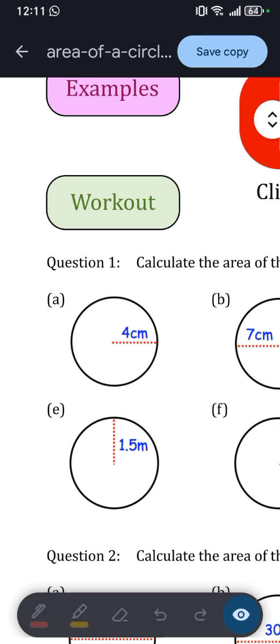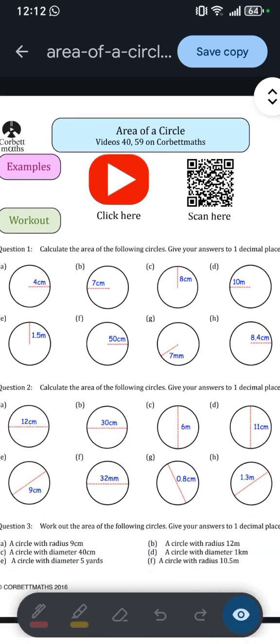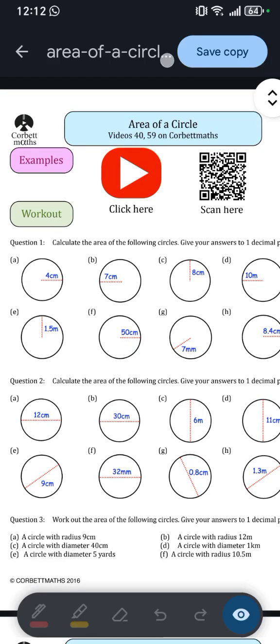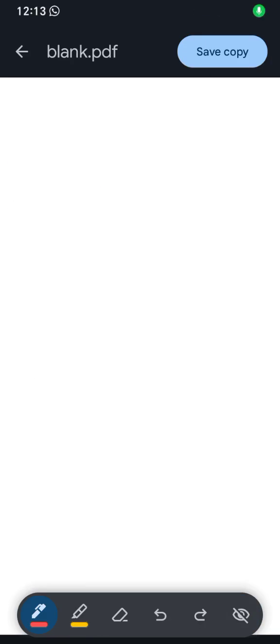There is no space here, so I'll just try and find space. Okay, I just found a spot. So the question was saying 4 centimeters. They say we must find the area. Now this is where we put squares.